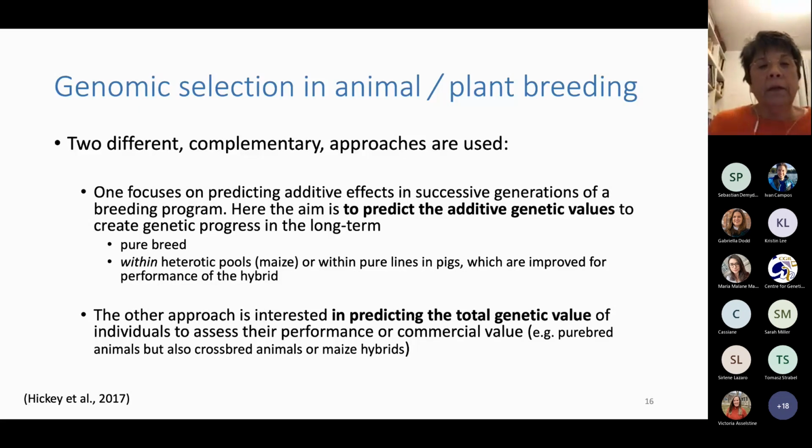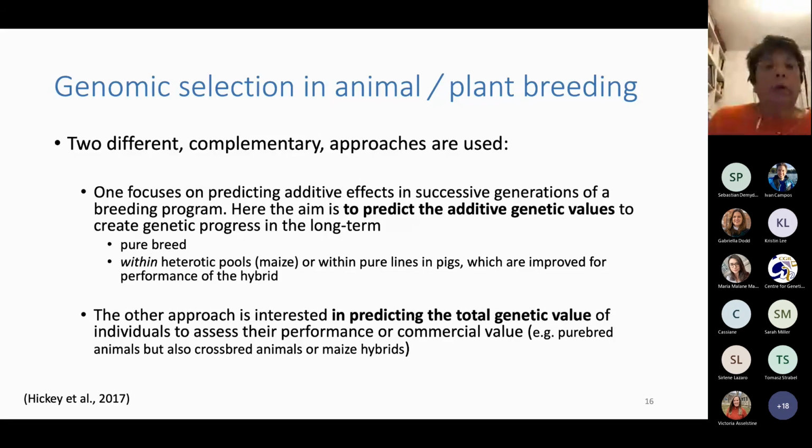We use that in purebred, within these heterotic groups in maize, or within pure lines, for instance, in pigs. The other approach is interested in predicting the total genetic value of individuals to assess their performance or commercial value, for instance, in purebred animals, but also in crossbred animals or in maize hybrids.